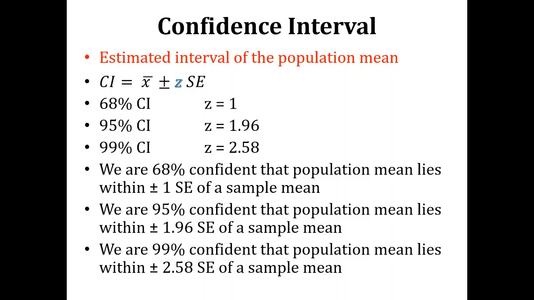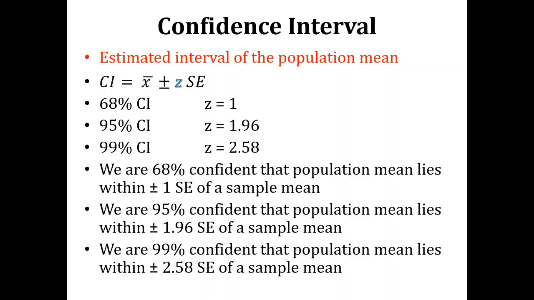So this is our confidence interval. It is basically a limit in which our population mean is expected to lie. And what is the central point in that range? The central point is the sample mean.